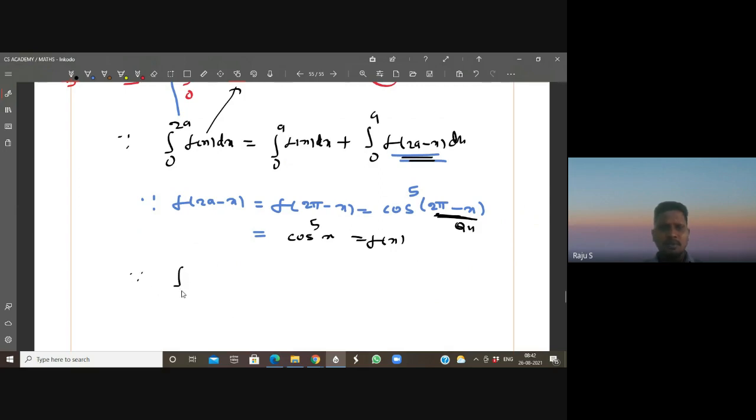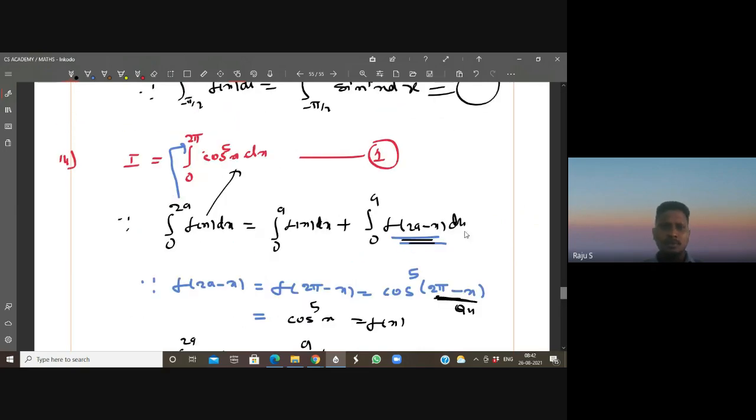Therefore, according to this, integral 0 to 2a f of x dx can be written as 2 times the integral 0 to a f of x dx. Why can't we apply the third property directly here? If we apply the direct property, again we will get the same function. I told you the third property, 0 to a f of x dx, is important, but if you apply it, again we will get the same cos power 5.